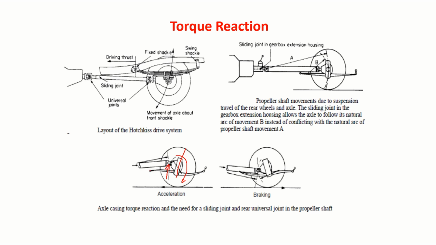This happens due to squat, while accelerating the vehicle, because the load gets transferred to the rear and this axle, you see here, rolls like this and pulls this front part of the leaf spring up. Whenever we brake the vehicle, what's going to happen? The same thing, you see here, it pulls the rear portion up. So that is what exactly this has to take up, this torque reaction.